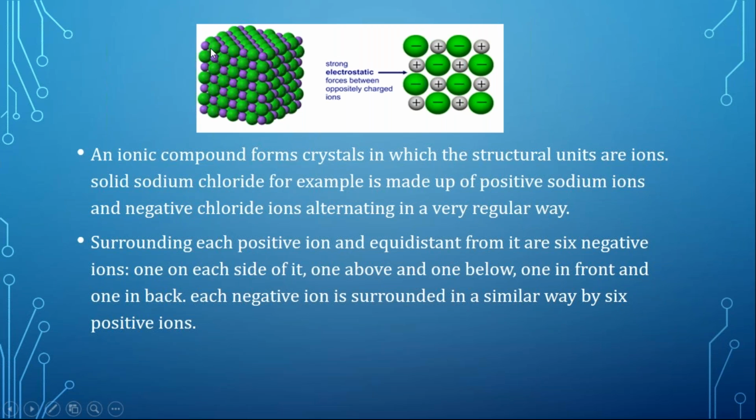You have positive ion and negative ion, that is sodium and chloride ions. Surrounding each positive ion and equidistant from it are 6 negative ions: one on each side of it, one above and one below, one in front and one in back. Each negative ion is surrounded in a similar way by 6 positive ions.